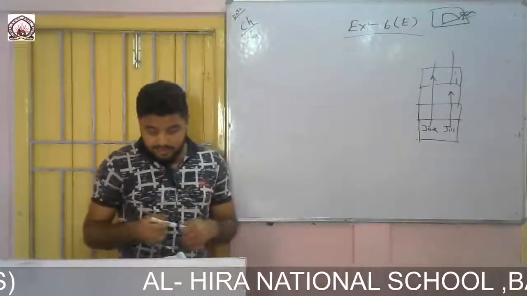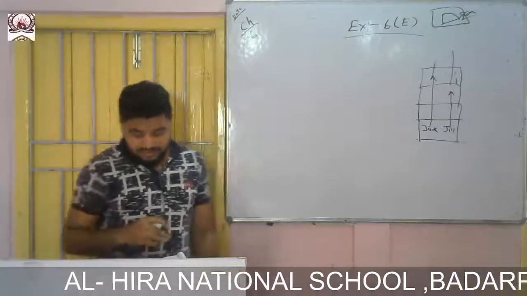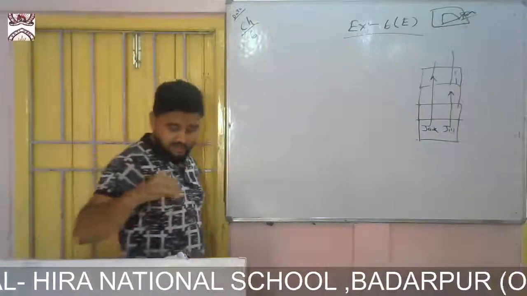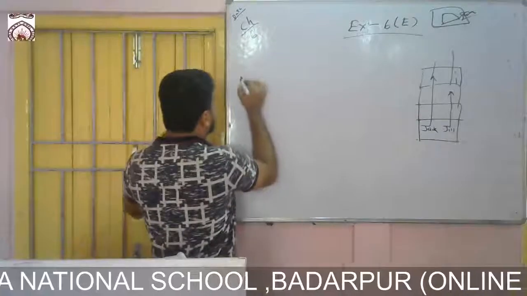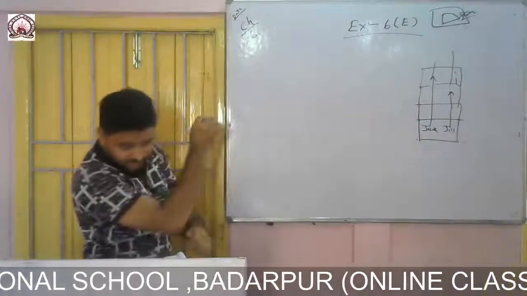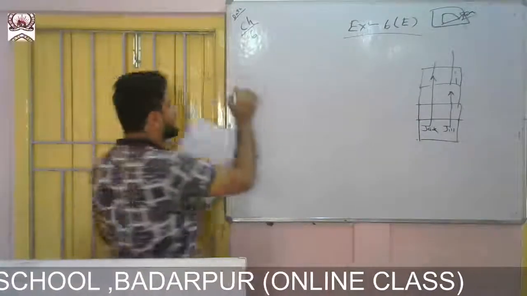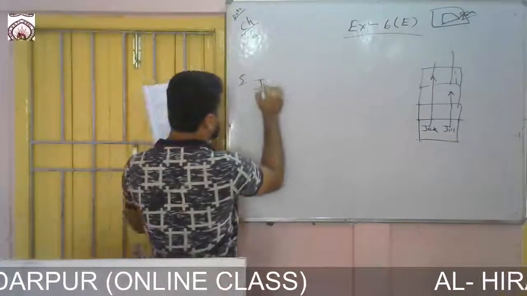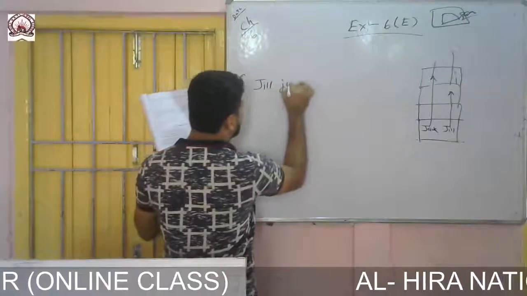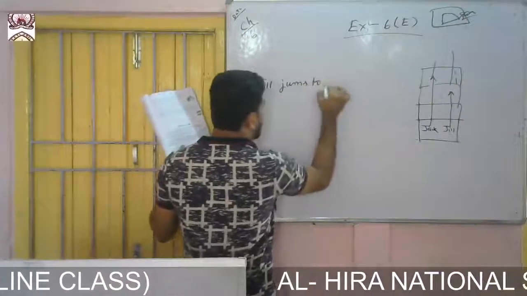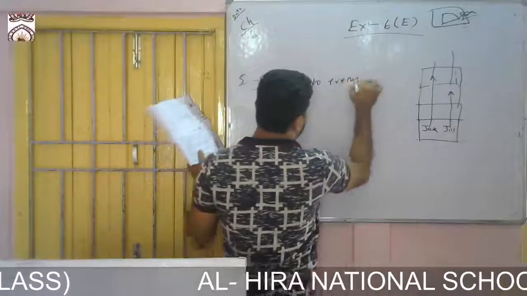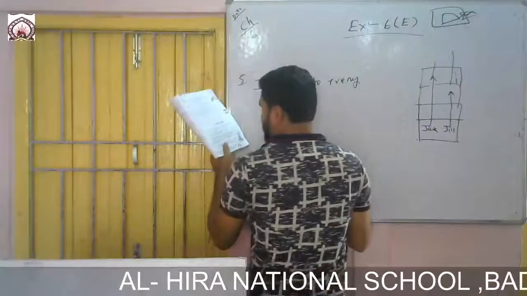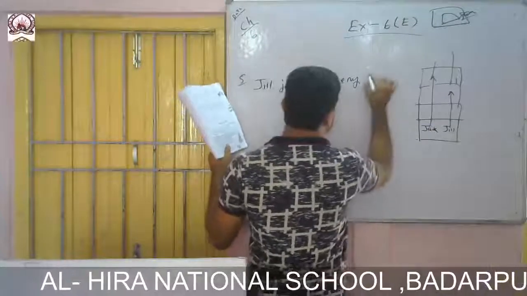Right. Jill jumps to every third tile in a row. Oh, question number 5. Jill jumps to what? Every third.